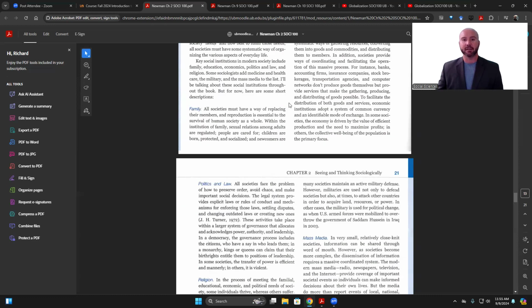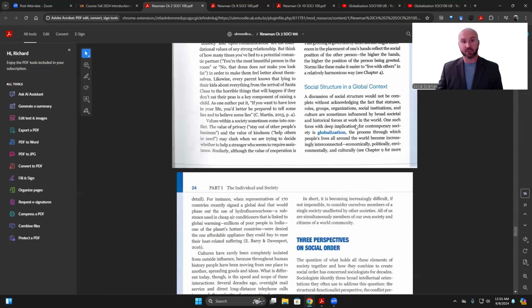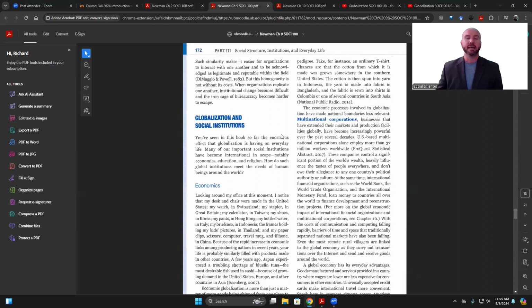So chapter 9, as is alluded to in chapter 2, goes into much more depth. And chapter 9 leads up to this idea of globalization and social institutions.